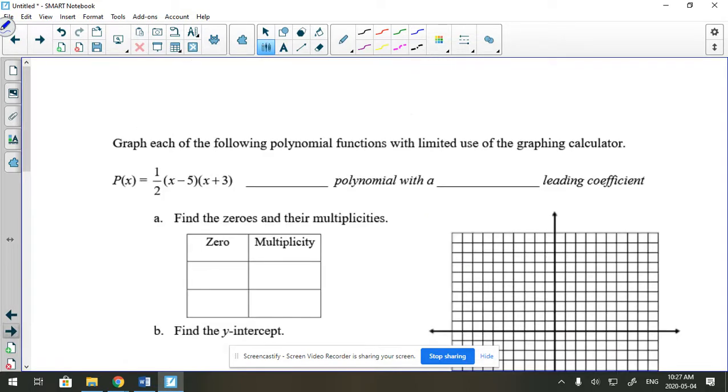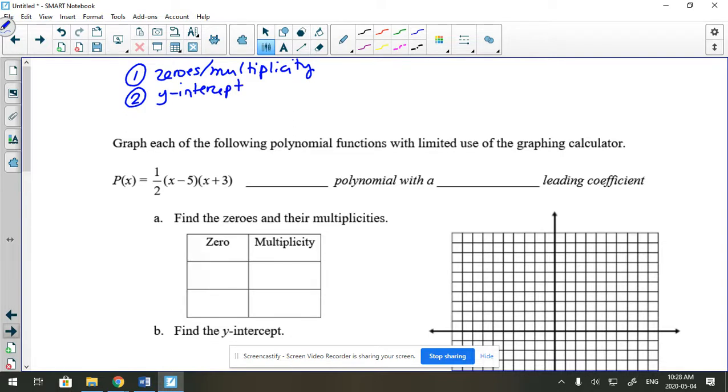So we'll do the first one here. For graphing, you always need 3 things, and I wrote it at the top of the page there. In order to graph, you need to know the zeros and their multiplicity. That's your starting point. You need to find your y-intercept. Makes your graph a little bit more accurate.